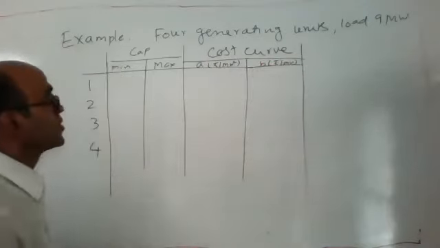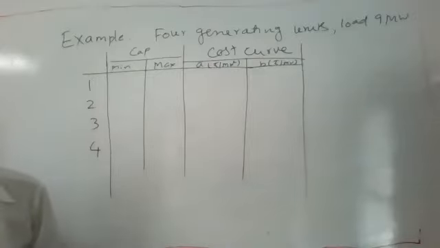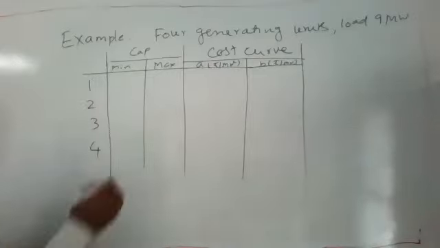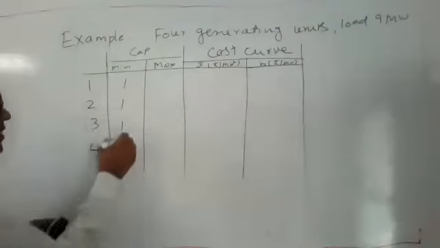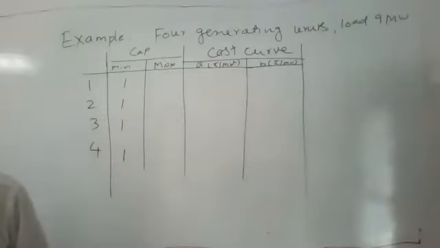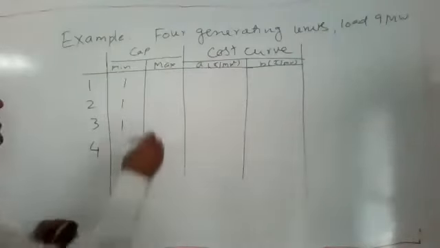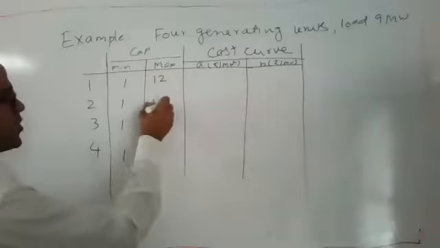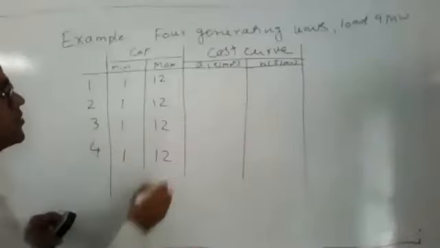So what are the values? The minimum capacity is 1 for all units and the maximum is 12 megawatt for all units.